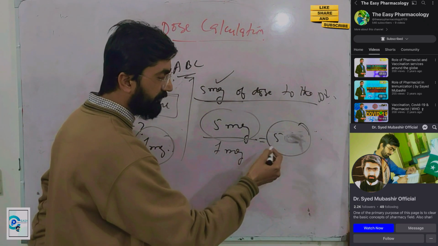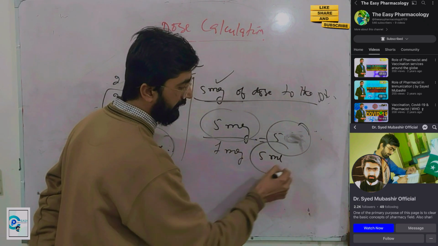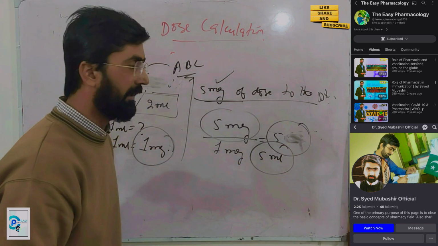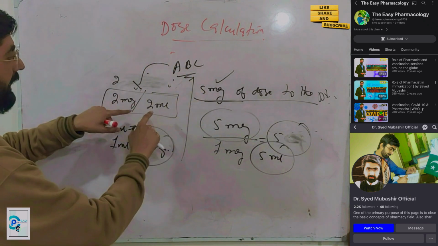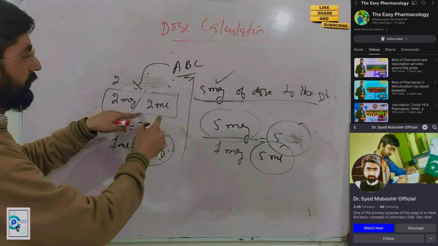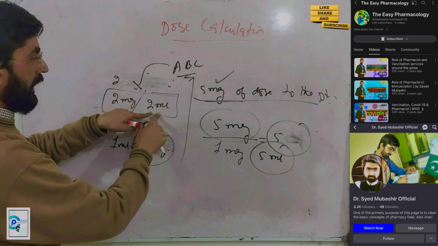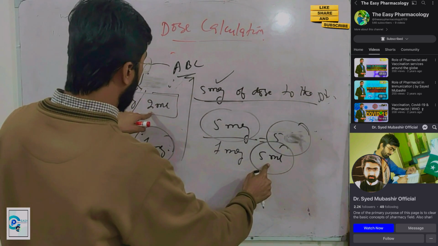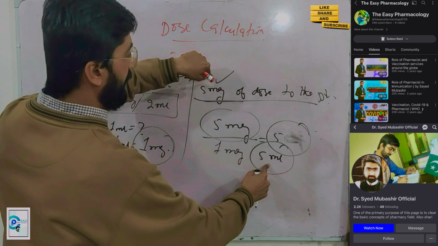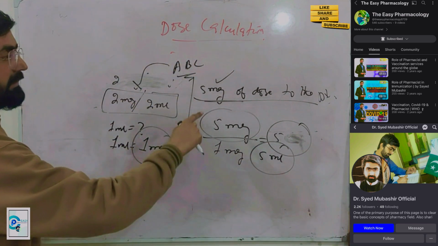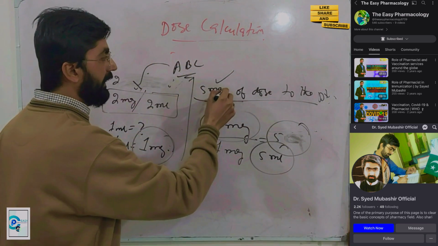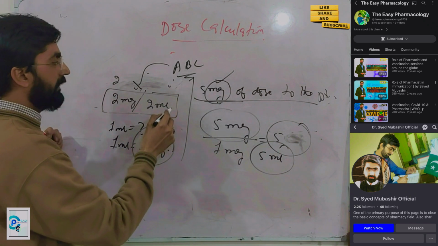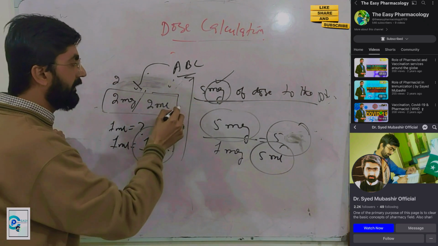So what is this 5? This is 5 ml, because the drug is available in solution form, in ml. If we give 5 ml, it will deliver 5 milligram, because the prescribed dose is in milligram but the available drug is in ml.